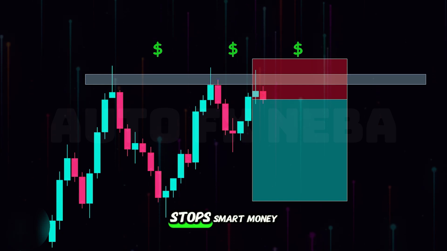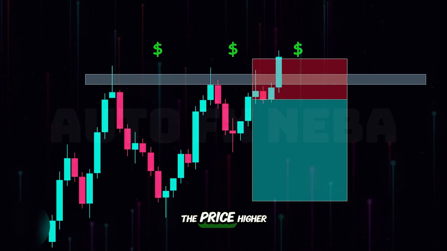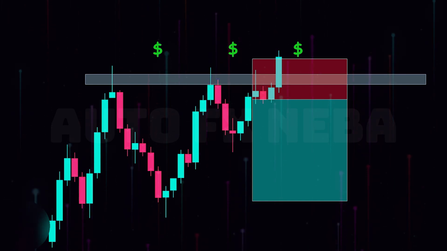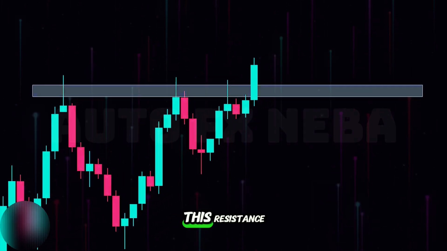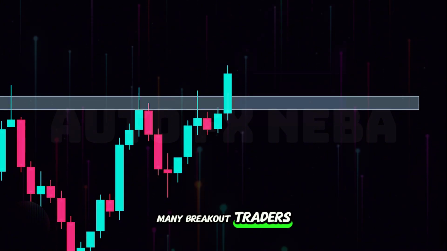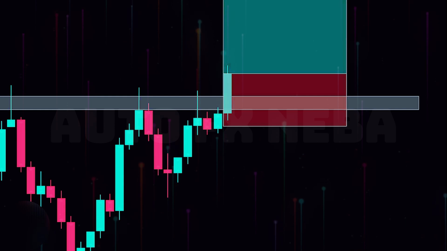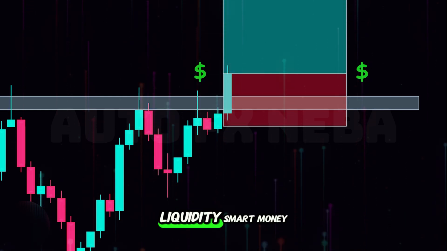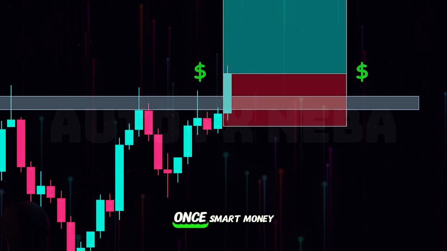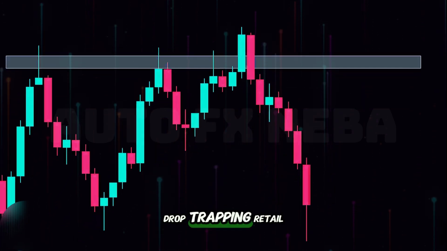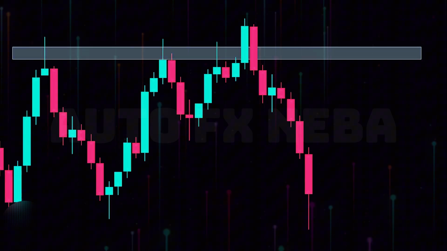To hunt these stops, smart money needs to push the price higher to trigger the stop losses and fill their orders. Also, when the price breaks above this resistance, many breakout traders will enter the market, expecting the price to continue higher. Their buy orders also become the liquidity smart money needs. Once smart money gathers the required liquidity, the price will drop, trapping retail traders on both sides.